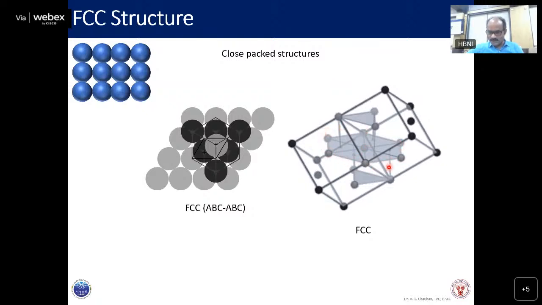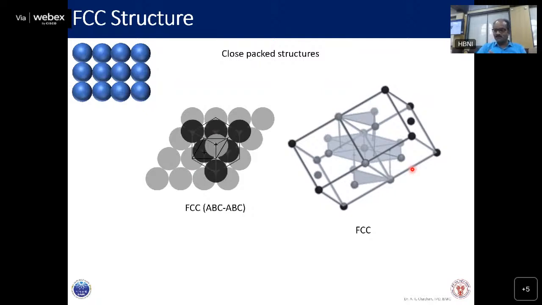You see, this is actually what we were seeing here. So this is 6 here, and then above that this layer, and then the top one is here. So this is the FCC closed packed structure.